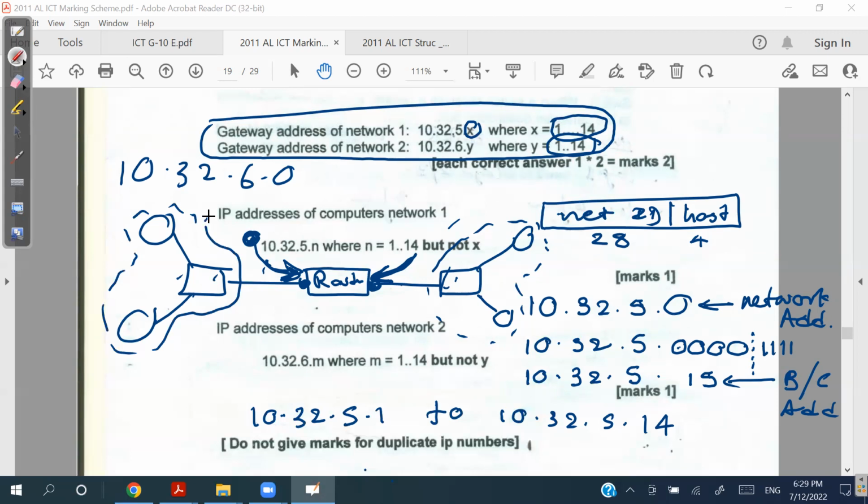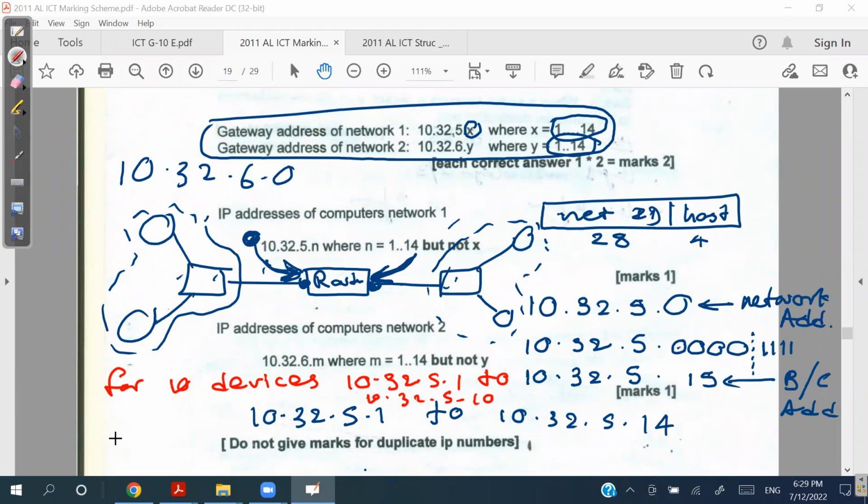They should have something other than those IP addresses, right? One of the easiest ways is, as an example, after this calculation is done, for 10 devices you are proposing 10.32.5.1 to 10.32.5.10, so that is 10, right?